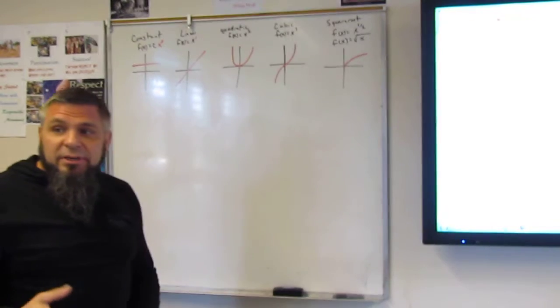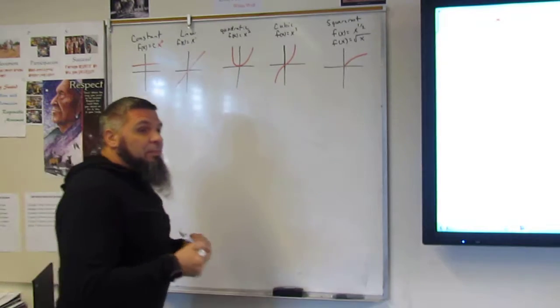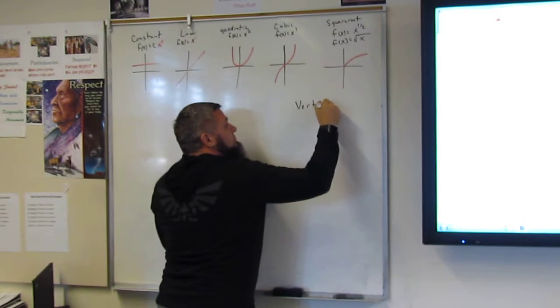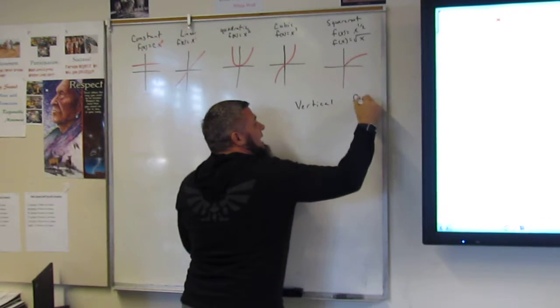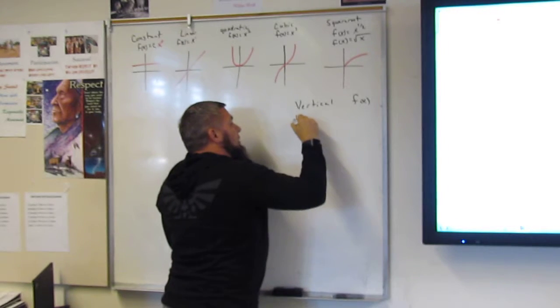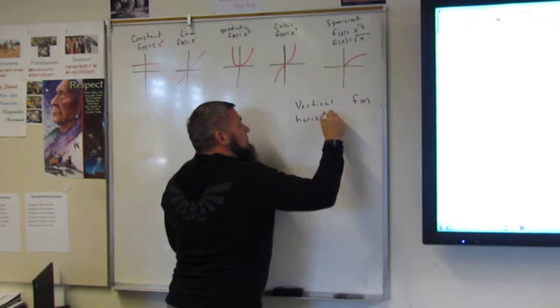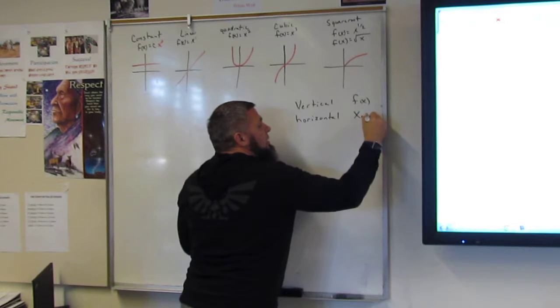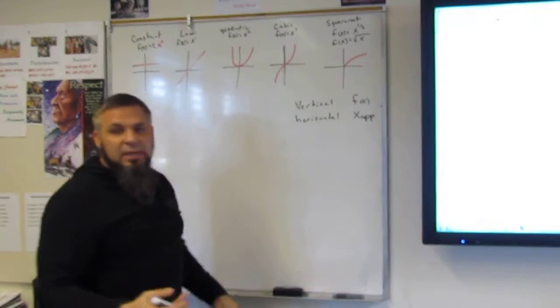It's really important, right? The other things that are important are that, remember, if it's going to be vertical, then that's f of x. If it's going to be horizontal, it's going to be x opposite, right?